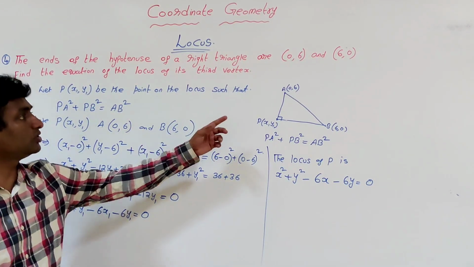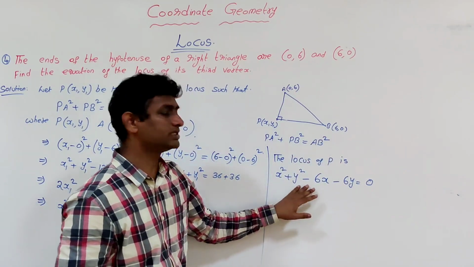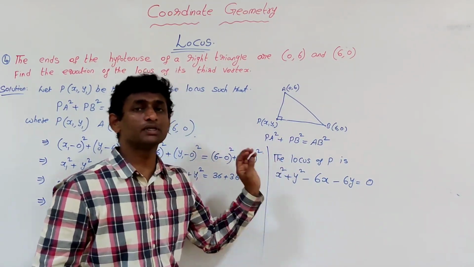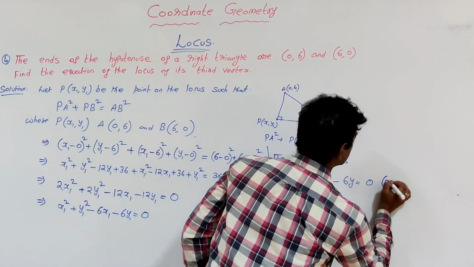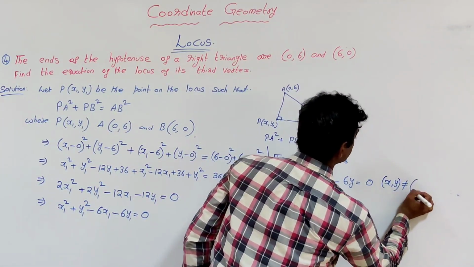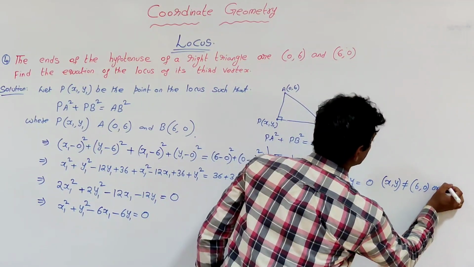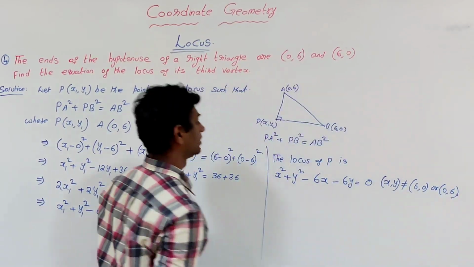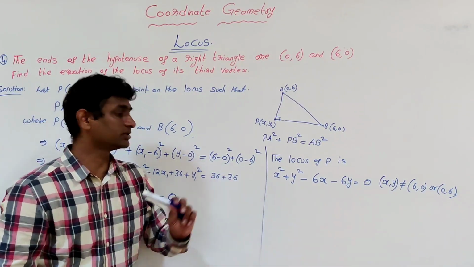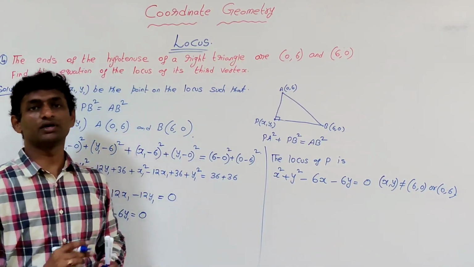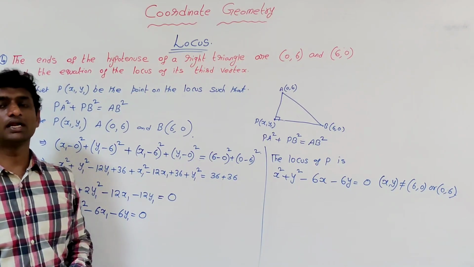But if you substitute (0, 6) and (6, 0) in this equation, then it doesn't represent a triangle. So our condition is (x, y) is not equal to (6, 0) or (0, 6). The other points which satisfy this equation will be the third vertex in such a way that it forms a right angle triangle.